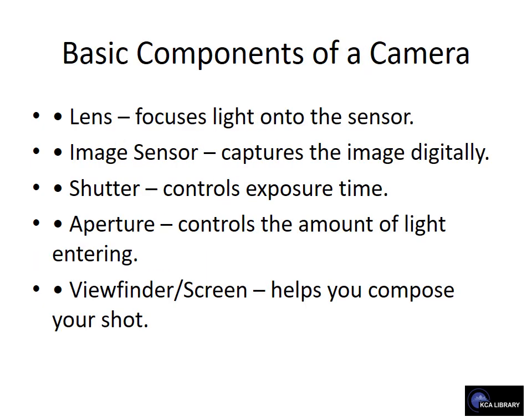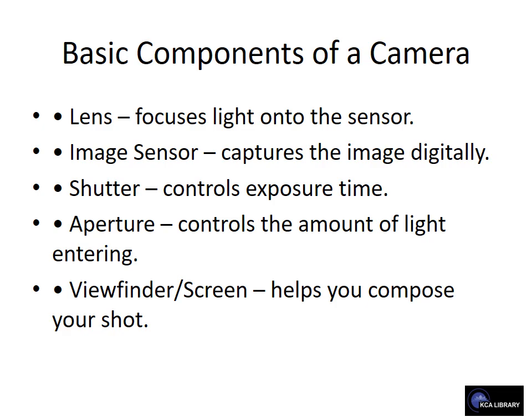So, what are the basic components of a camera? One is the lens, and of course, your lens focuses light onto the sensor. The other one is the image sensor, and that helps you to capture the image digitally.